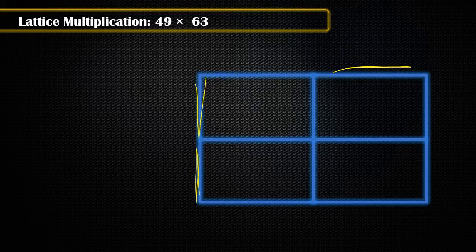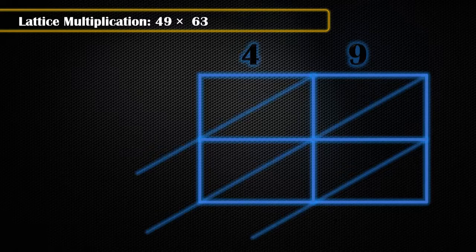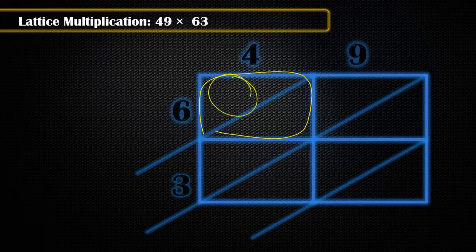It doesn't really matter on which side either of the numbers are. Therefore, we can put 49 right there and 63 right there. Now we will multiply the numbers. So on this space right here, it's going to be 6 times 4. As you already know, the 10s go right here and the 1s go right here.